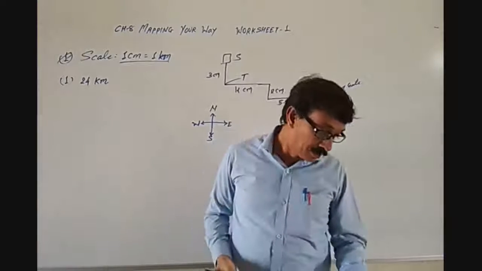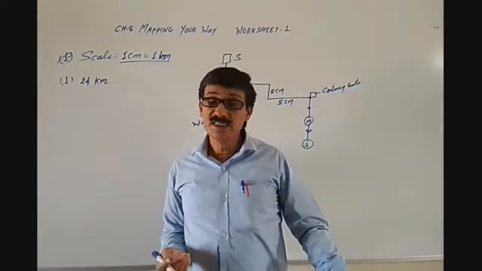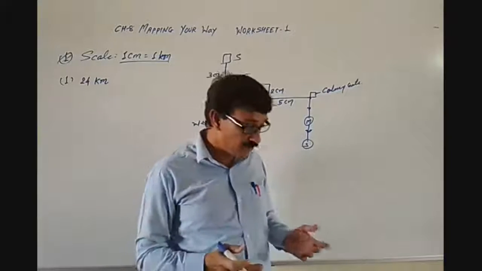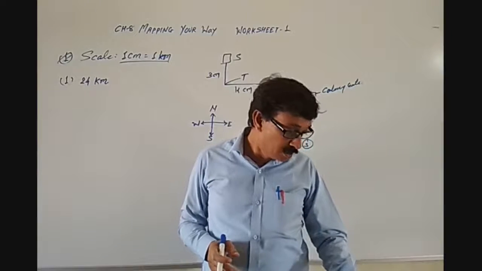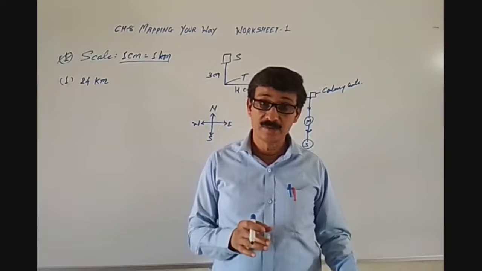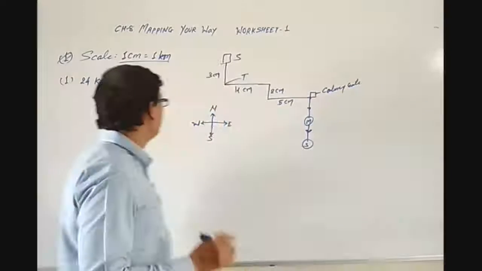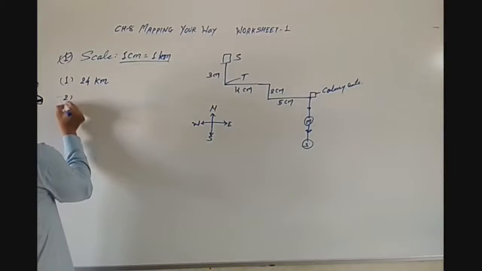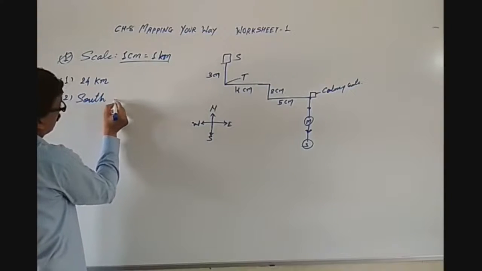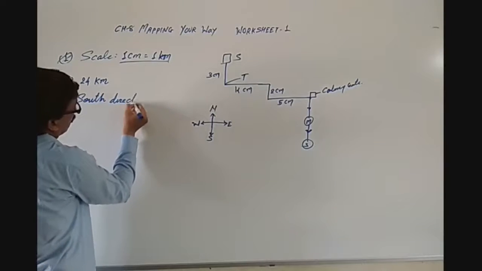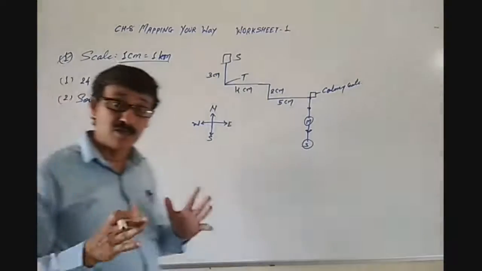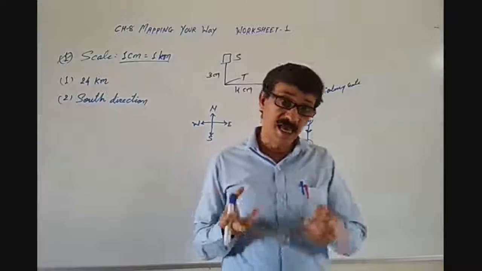So we should answer school is in the south direction from Colony Gate, or we can write the school is in the south direction from Colony Gate, isn't it? Here I am writing only south direction, but you should answer the way I answered.